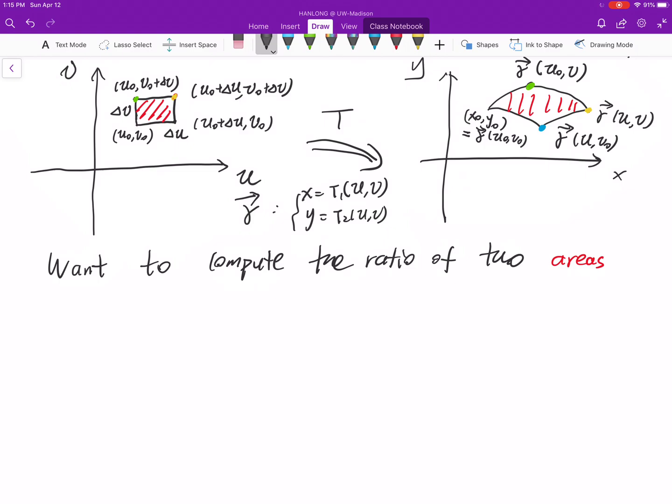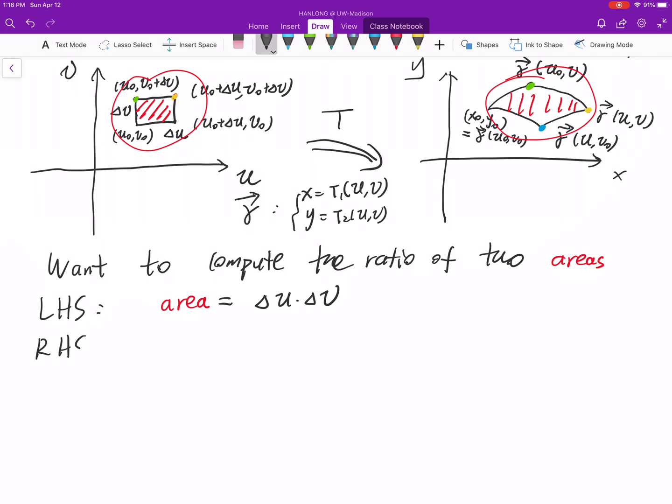Okay, we want to compute this area divided by this area, or the reverse, depending on how you define your factor. Notice the left-hand side is easy, you can compute it easily. So the area equals du times dv. Okay, then we need to figure out the right-hand side. But the right-hand side, as we see, is curved. We don't know the exact value.